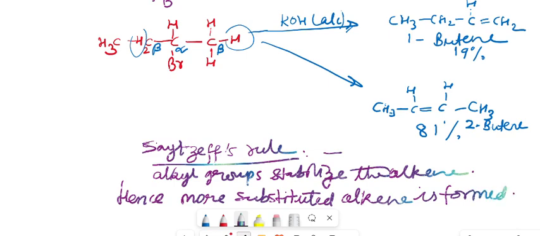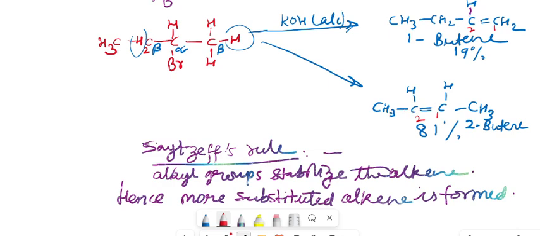We can see here that in this product, this is carbon number 1 and carbon number 2. There are two hydrogens attached to carbon number 1, and one hydrogen and one alkyl group attached to carbon number 2. While in the case of this molecule, we can see that to carbon number 1 there is one alkyl group, and to carbon number 2 also there is again one alkyl group.